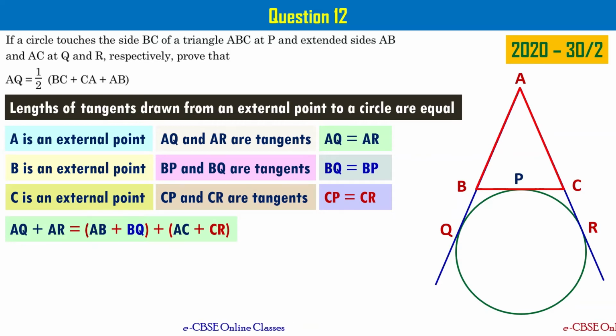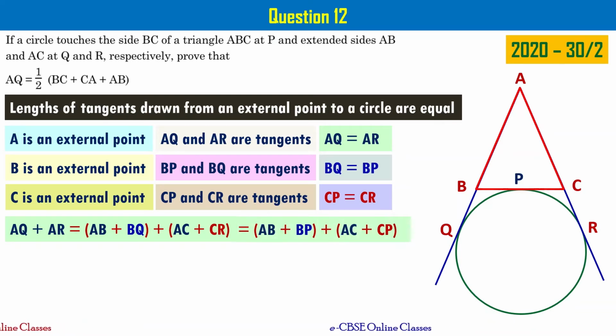Now, the length of AQ plus the length of AR can be written as AB plus BQ, that is equal to AQ, plus AC plus CR, that is equal to AR, right? And we have seen already that BQ equal to BP and CP equal to CR, right? Let's substitute them so that it can be written as AB plus BP plus AC plus CP, right?